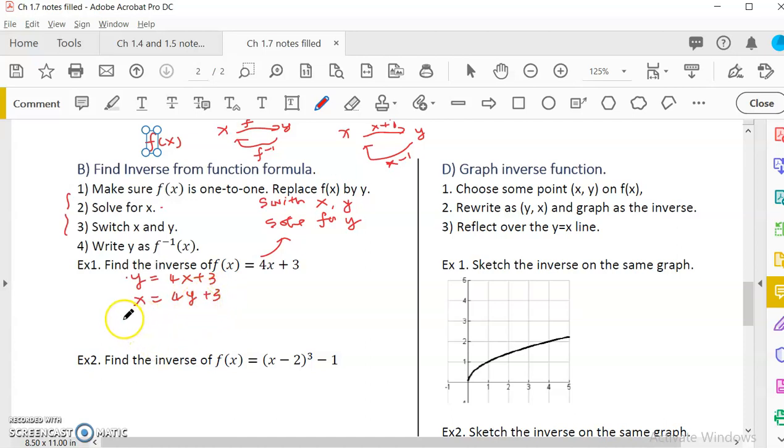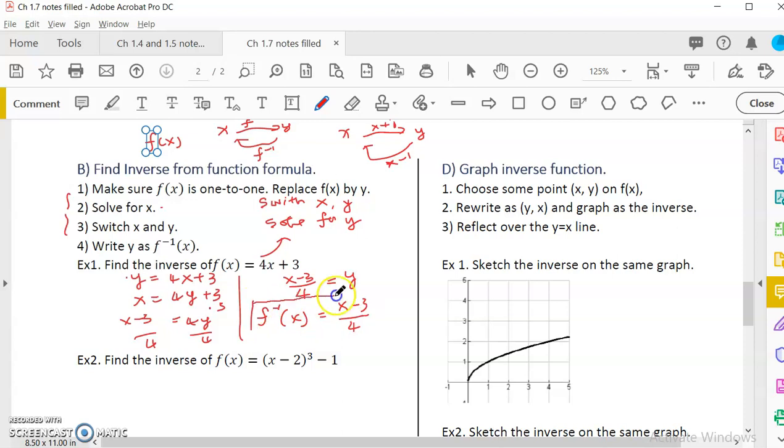So to solve for y, I take off 3, and then to have y by itself, I divide by 4. So I end up having y equal to x minus 3 over 4. This y is the inverse function, so I write it back as the inverse function notation equal to x minus 3 over 4.